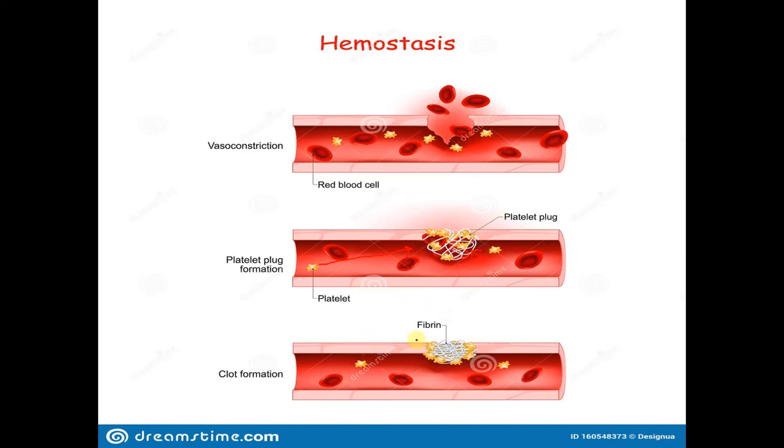Once they are properly accumulated, the fibrin which comes from the blood forms a fibrin meshwork in order to stabilize this platelet plug, and hence the bleeding will be stopped.